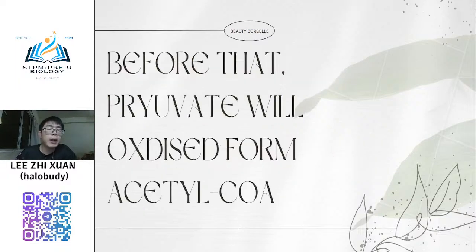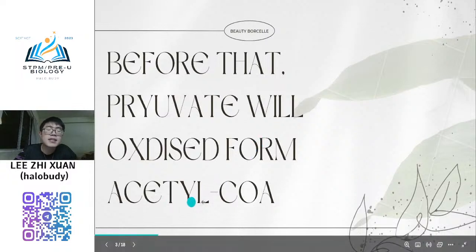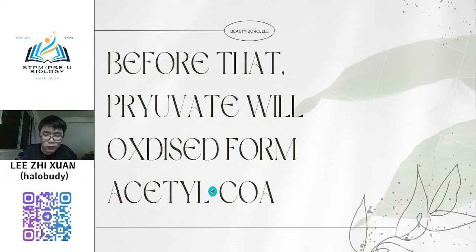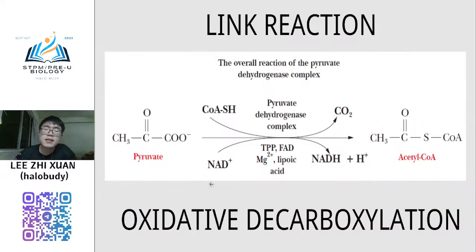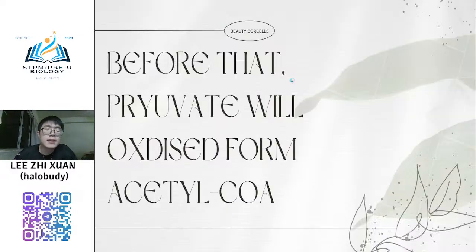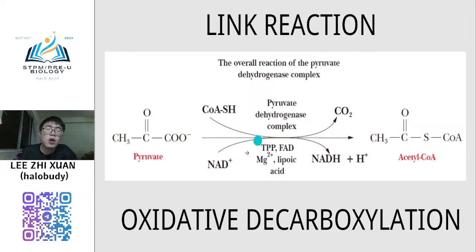Before pyruvate enters the Krebs cycle, it must first be further oxidized to form acetyl CoA. Pyruvate cannot directly enter the Krebs cycle, so there is one reaction we call the link reaction. This link reaction oxidizes pyruvate to form acetyl CoA.